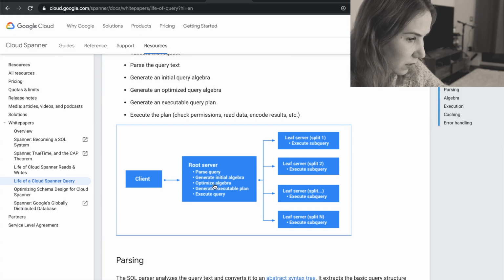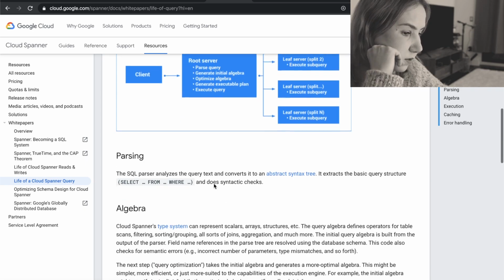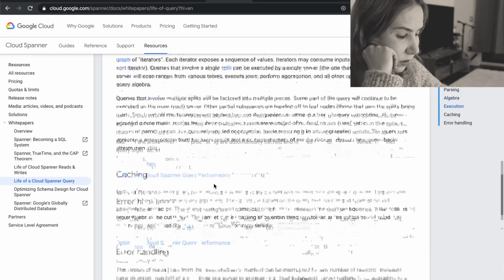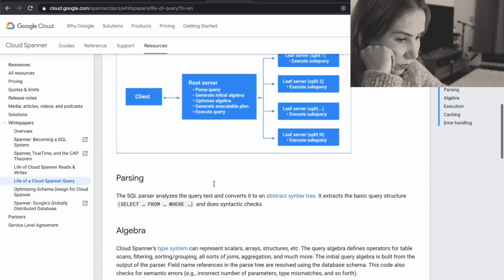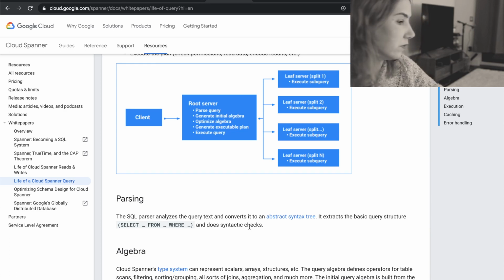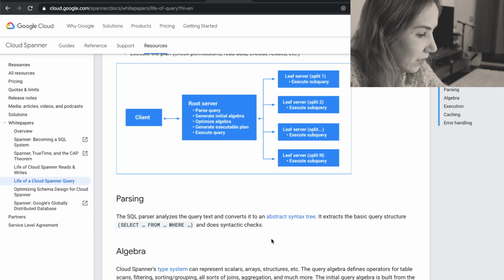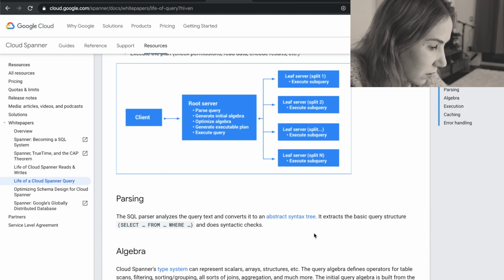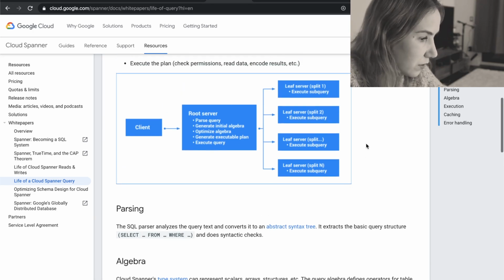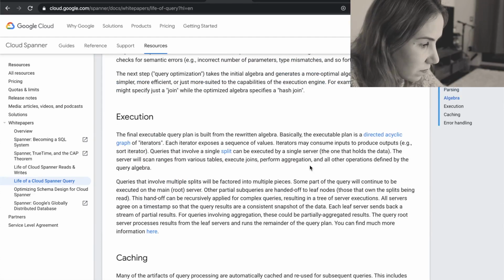This explains the primaries and the secondaries that I've been talking about, and you can get a sense of some of the lower-level components, like there's a SQL parser somewhere, and then it converts into an AST, and then you have subqueries going to certain leaf servers.